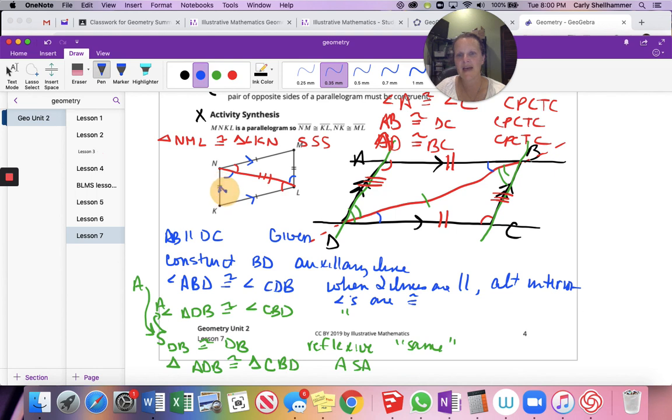Okay, when alternate interior angles are congruent, we know the lines are parallel. It's called the converse of what we did over here. Over here, we knew the lines were parallel, therefore the angles are congruent. Over here, we know the angles are congruent because of CPCTC, therefore the lines are parallel.